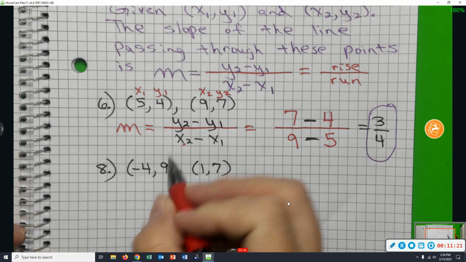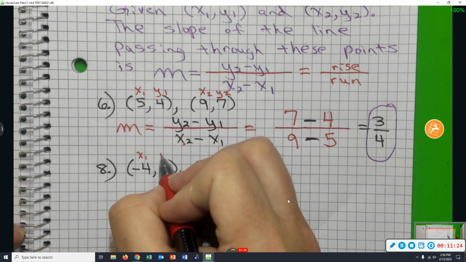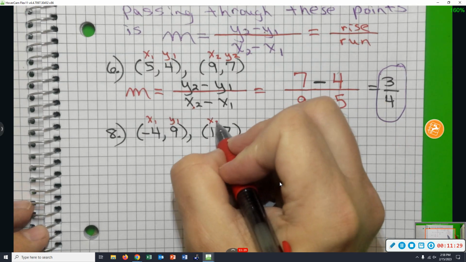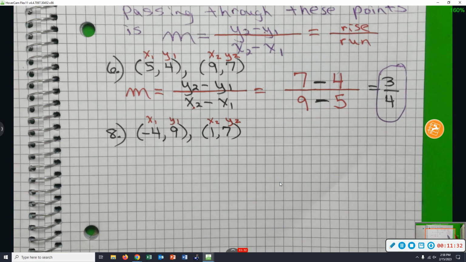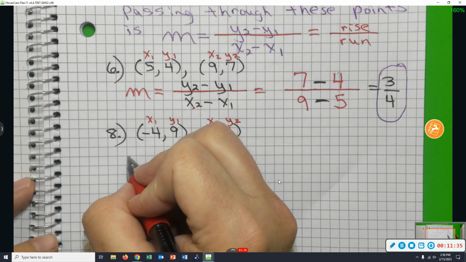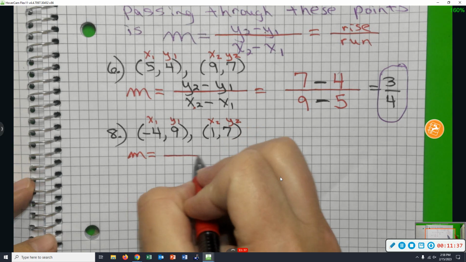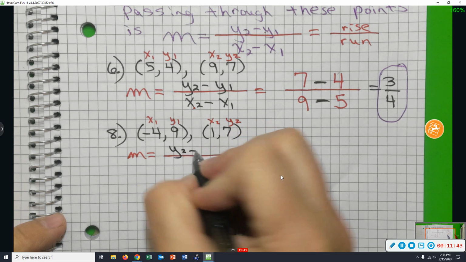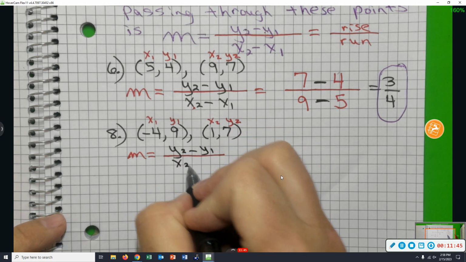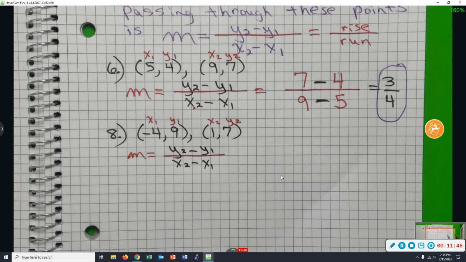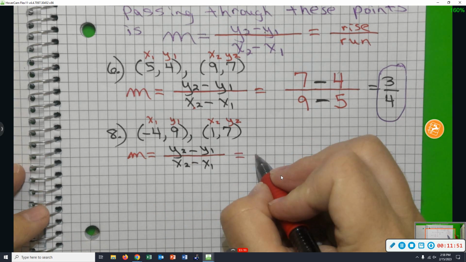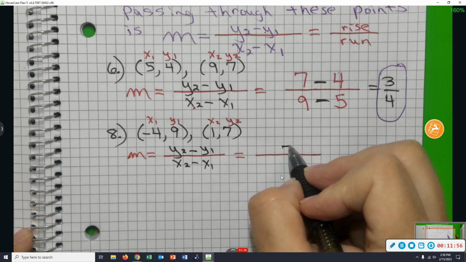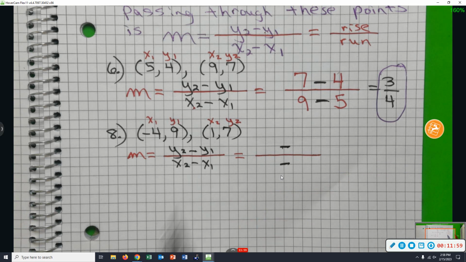So, once again, I think of the first ordered pair as x1, y1. The second ordered pair, that's x2, y2. And I remember the slope formula. It's written right up there above us if you don't remember it. y2 minus y1 all over x2 minus x1. And these black minuses that I'm writing in there are from the formula.